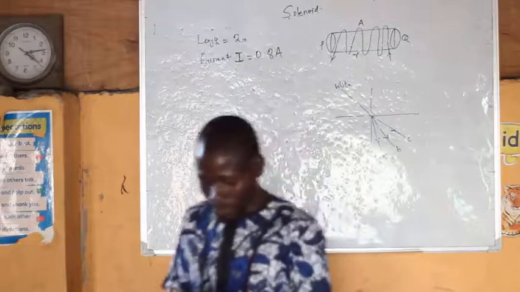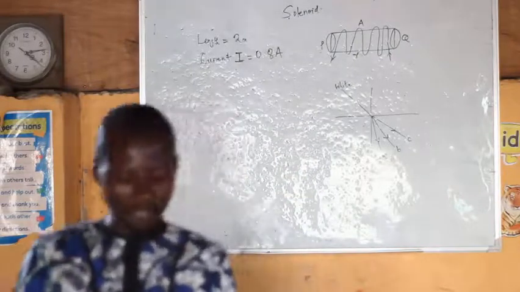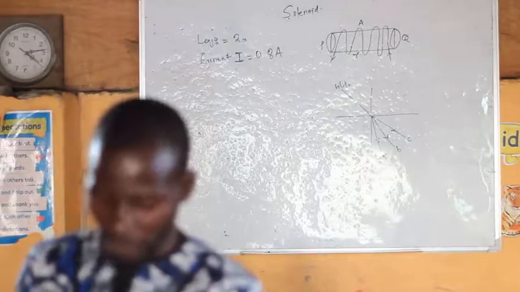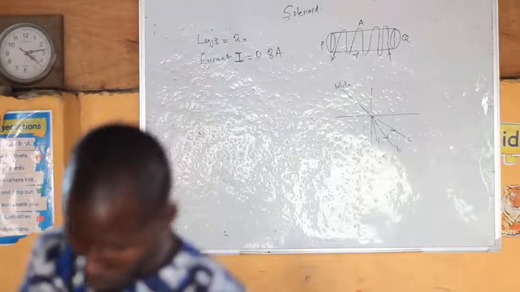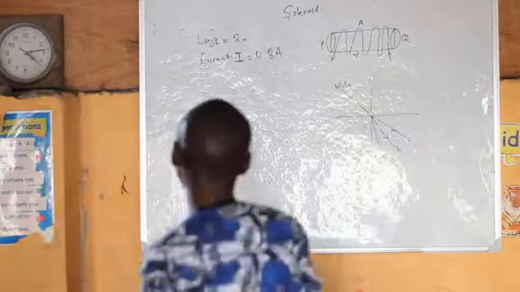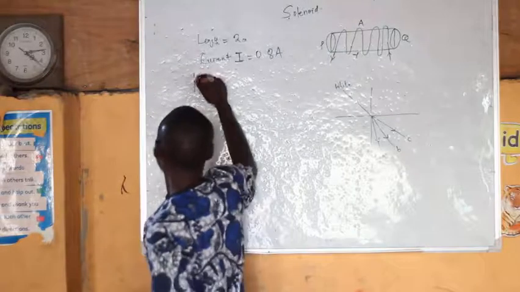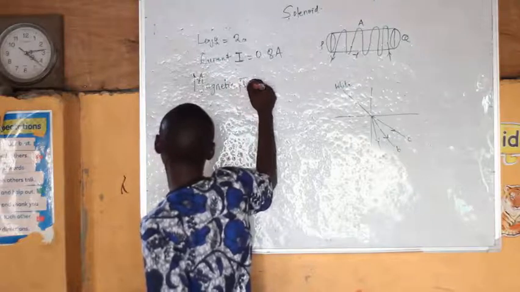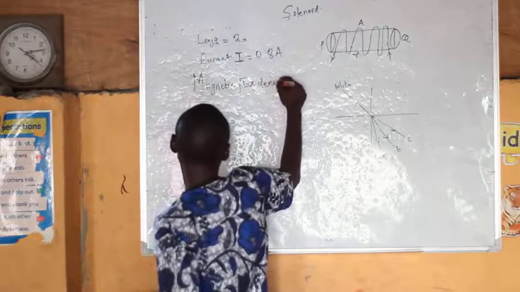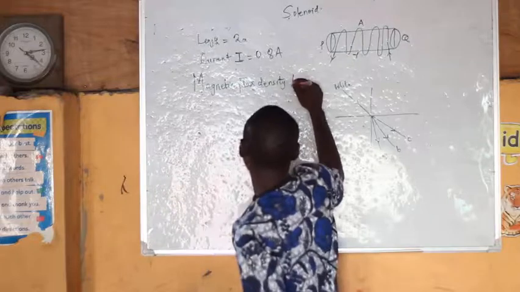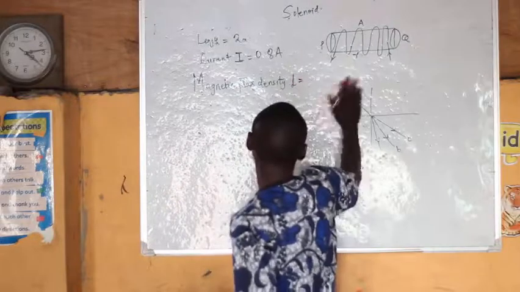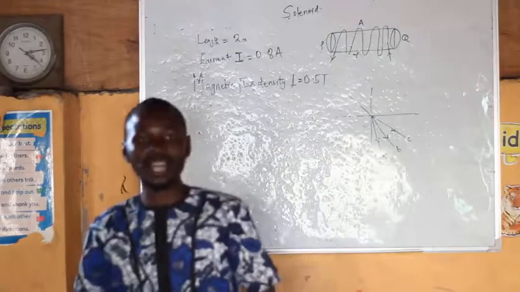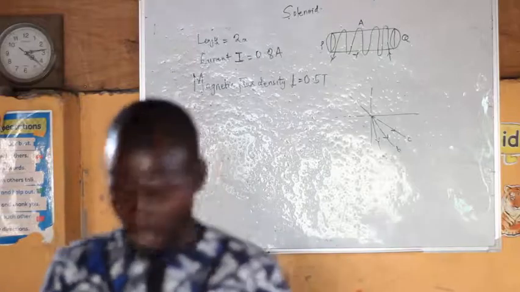You are also given the magnetic flux density in Tesla, which is 0.5 Tesla. So the question says you should find the force acting on it.